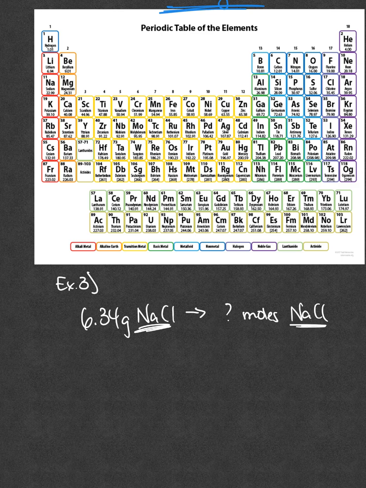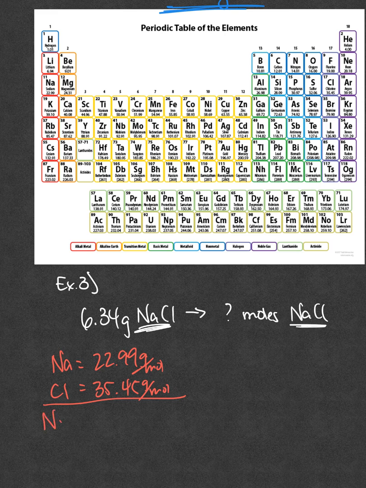So for example here, when we're talking about NaCl, we look in the periodic table and we see that Na has the molar mass of 22.99. Chlorine, Cl, has the molar mass of 35.45. And so if you want to know what is the molar mass, these are grams per mole, so just write the units.